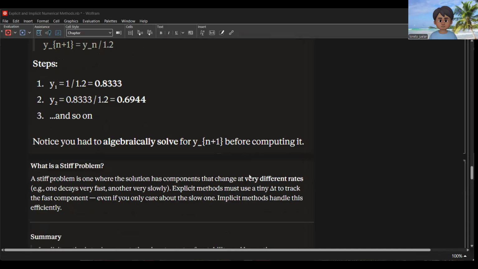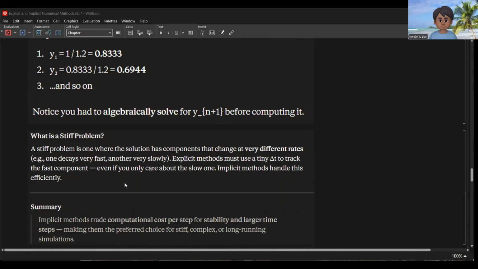Now we have to clarify the definition of the stiff problem. A stiff problem is one where the solution has components that change at very different rates. So one decays very fast, another very slowly.